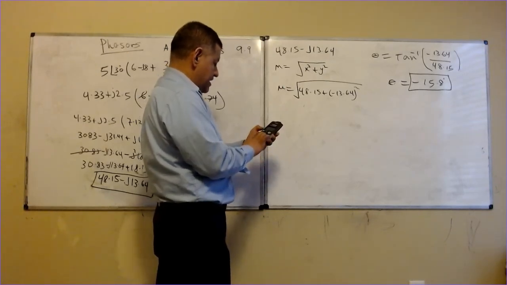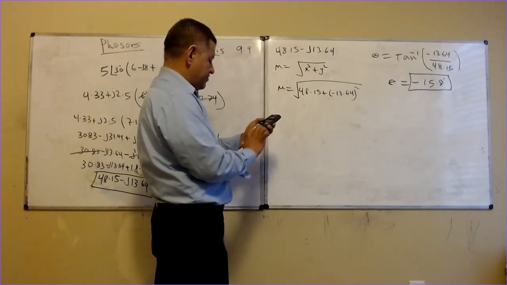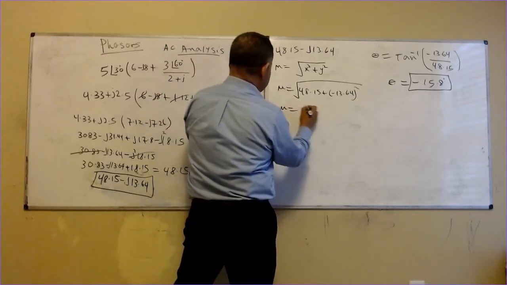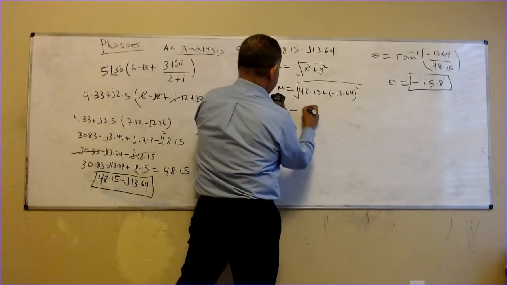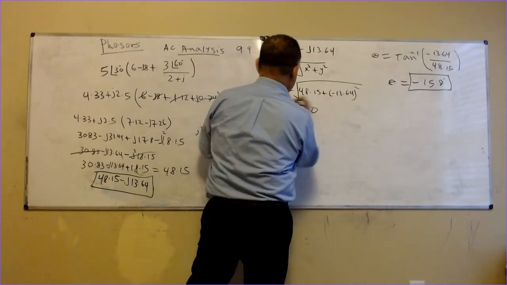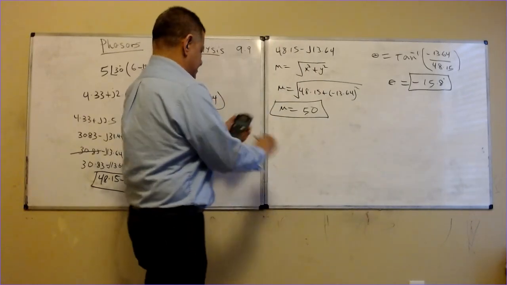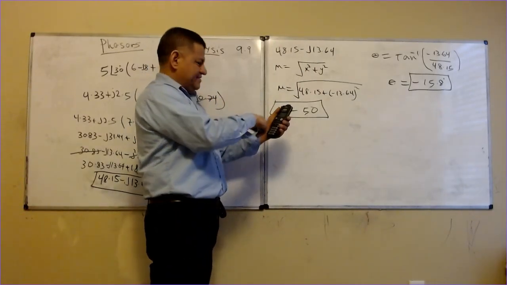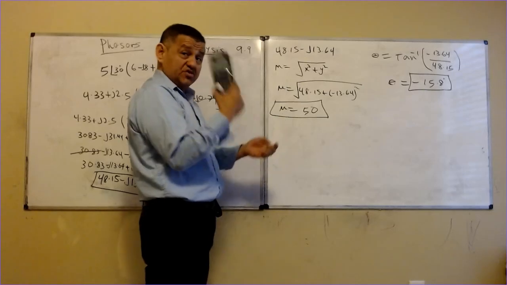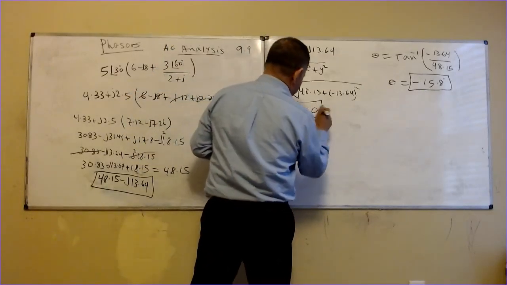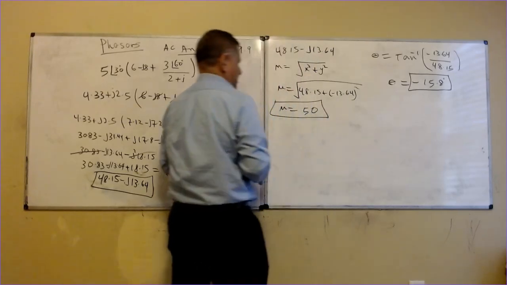And then I take the square root of that, and the magnitude of that is equal to 50. All right, so that's the number. I was entering it and, I guess, I am not really used to this little calculator, so yeah. But anyway, that's how we do that, right?